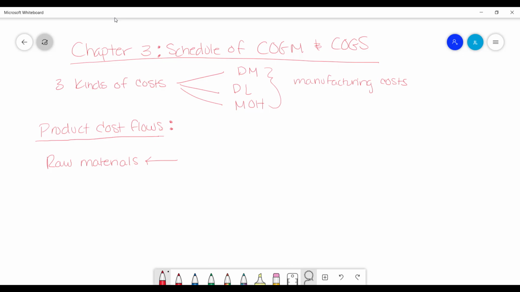So as an example, I'll have beginning raw materials, whatever this would be the cost of the materials that I started the period with. Any extra raw materials I buy will be added to that. So we'll add raw materials purchased.